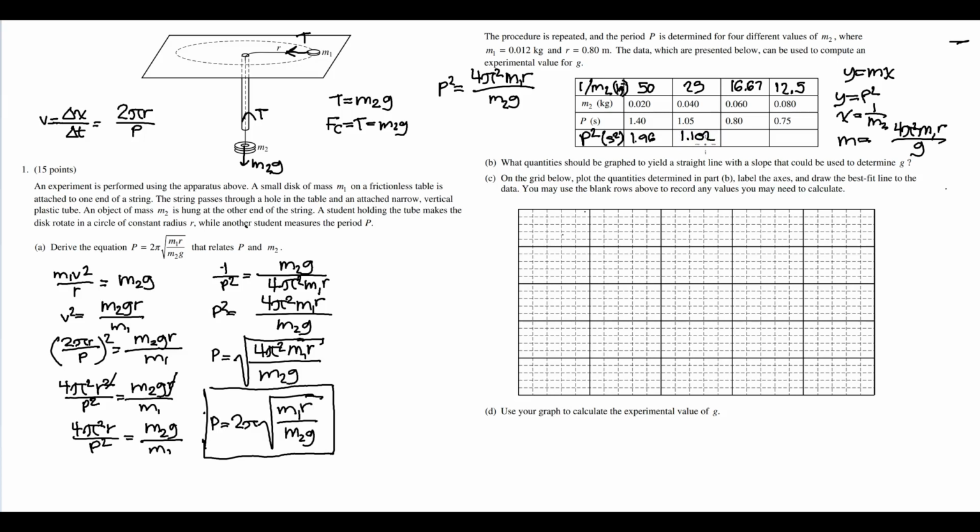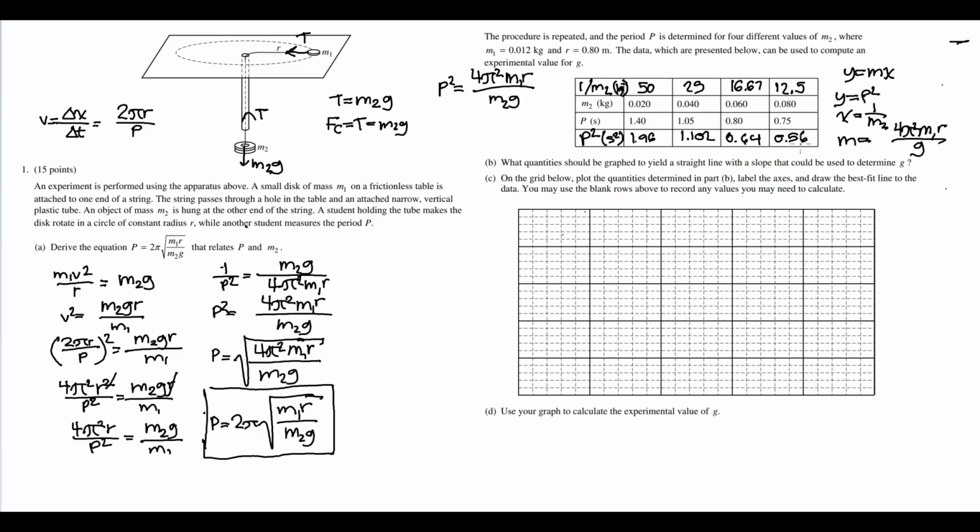Then we have 0.80 squared, which equals 0.64. Then 0.75 squared will be 0.56.